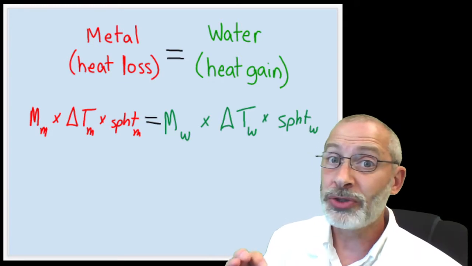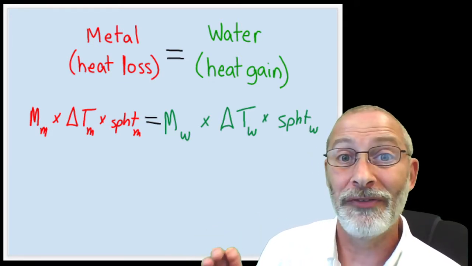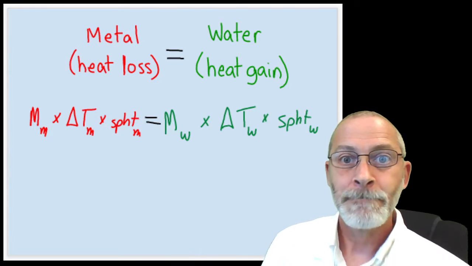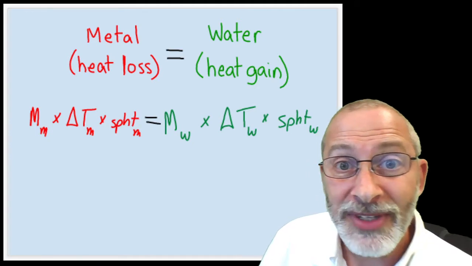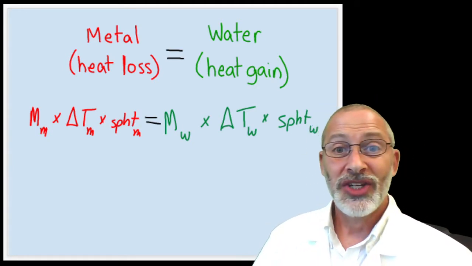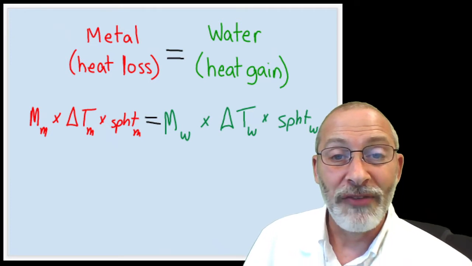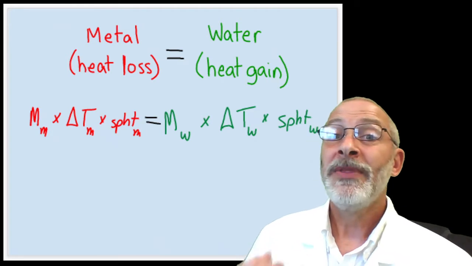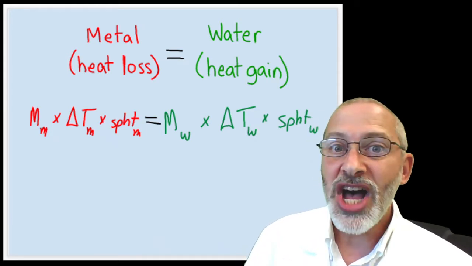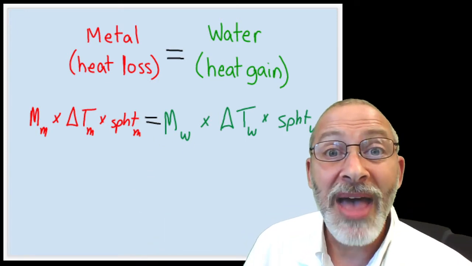Now, if you think I'm going too fast, just pause the video and look at this and think about it for a moment. But then we'll move on, because the idea of this lab today is for us to solve for an unknown in this equation. And if you think about the problem, the idea is for us to find the specific heat of the metal.